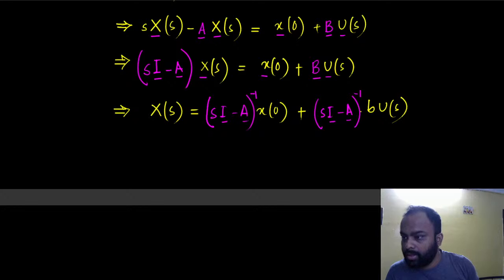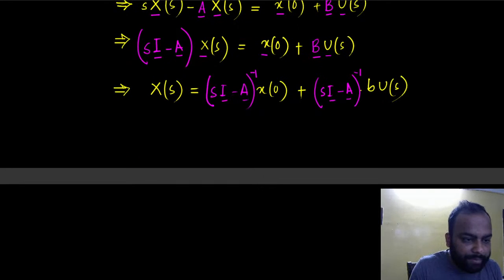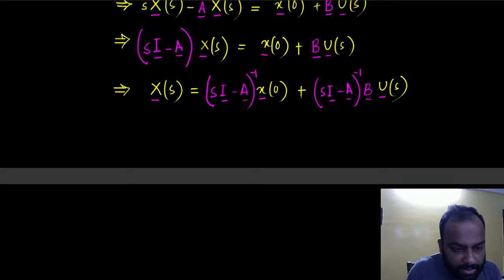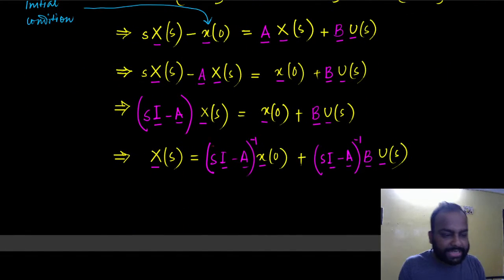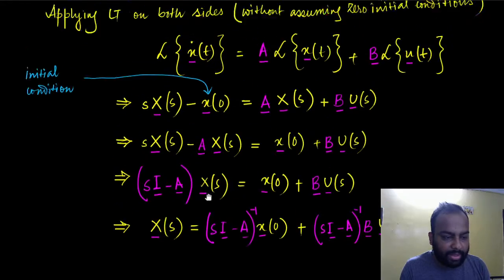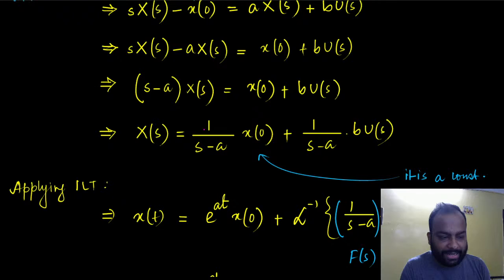All right, so that's fine, right? Again, this would be this way, and this is a vector, and instead of being small b, that's going to be uppercase B, and that's it. But notice that this is just like 1 by (sI minus A), because what is 1 by (s minus a)?